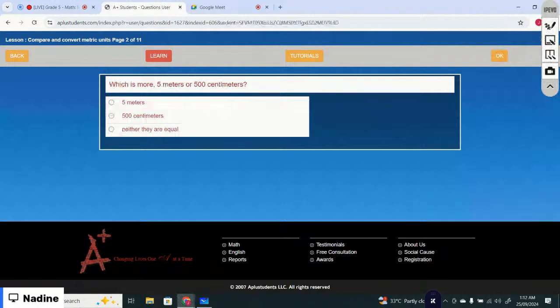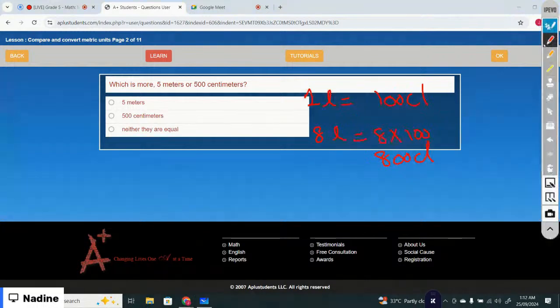Which is more, 5 meters or 500 centimeters? 1 meter equal 100 centimeter, right? So 5 meter equal 5 times 100, that is 500 centimeters.